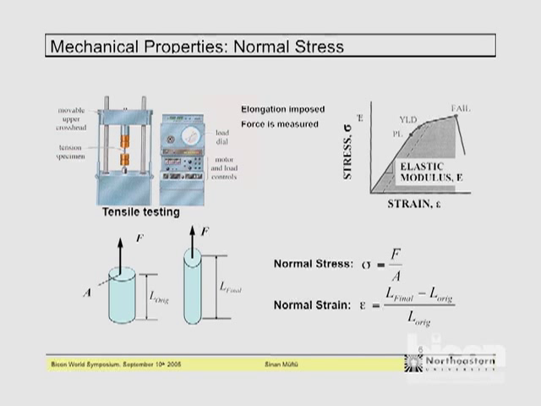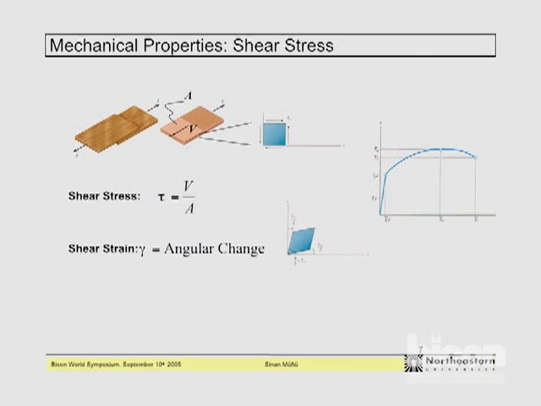Now, shear stress develops when 2 surfaces, which, for example, were glued over here in this footprint area, are made to slide with respect to each other, and a resultant shear force develops. Shear stress is defined as the ratio of the shear force to the cross-sectional area, and this is an average quantity for this definition.